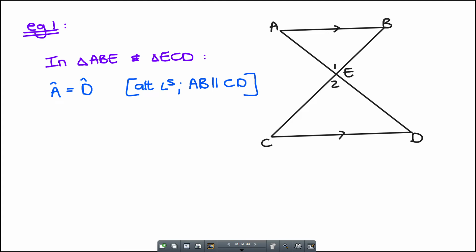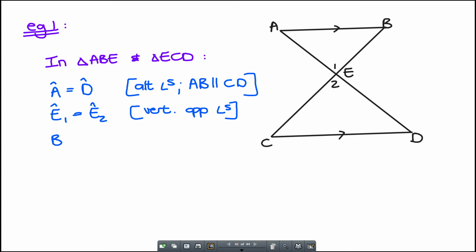Okay, so I've got one angle. Angle E1 is equal to angle E2. Why? Vertically opposite. There we go, they are vertically opposite angles. Angle B is equal to angle C. Good.